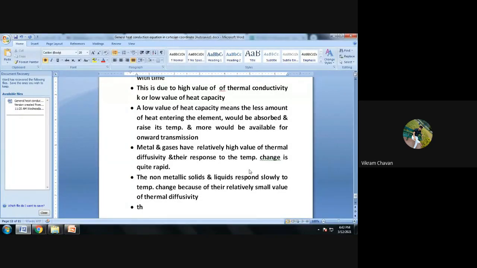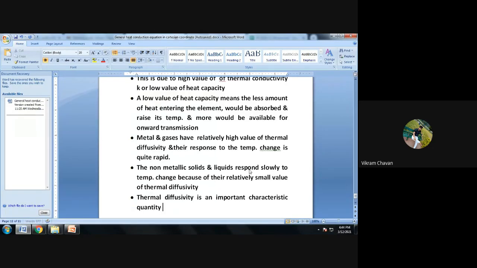Okay, and the last point, thermal diffusivity is an important characteristic quantity for unsteady conduction situation.